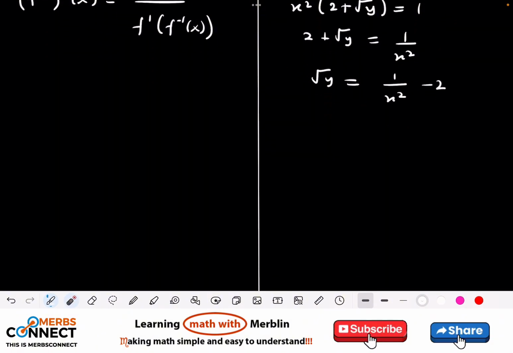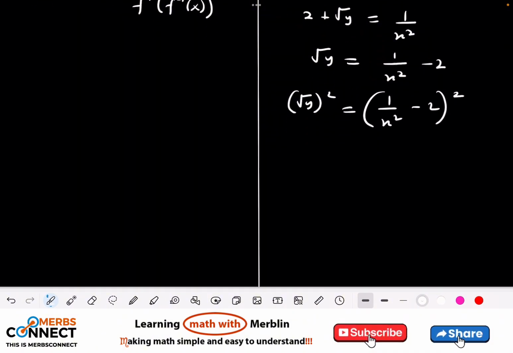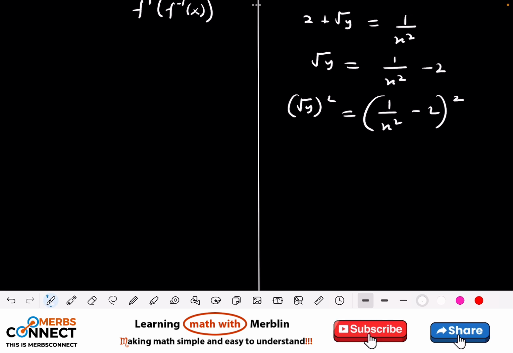Then for us to get the y again, we need to square this and square this one too. So we are going to have root of y squared equal to (1 over x squared minus 2) squared. Good. So y will be equal to, this one will cancel this. Here we can try to simplify the 1 in the bracket.